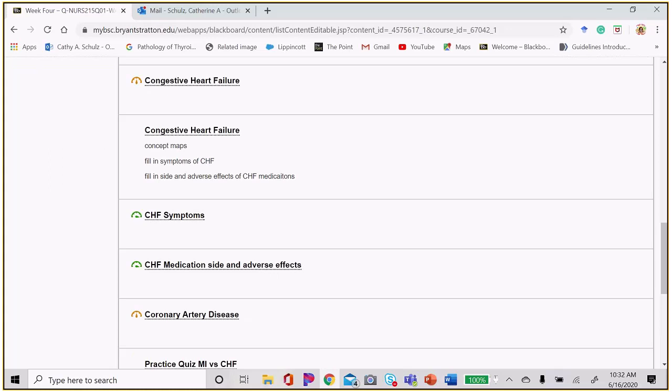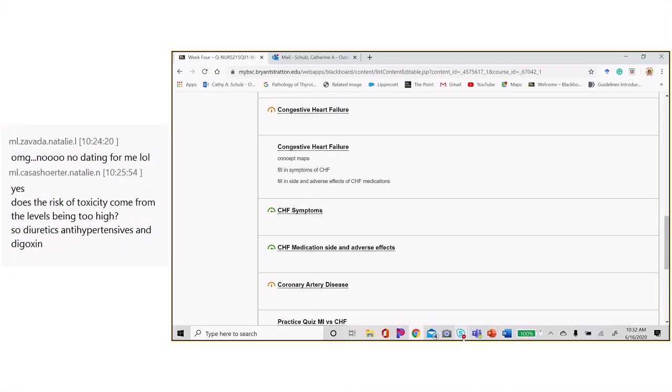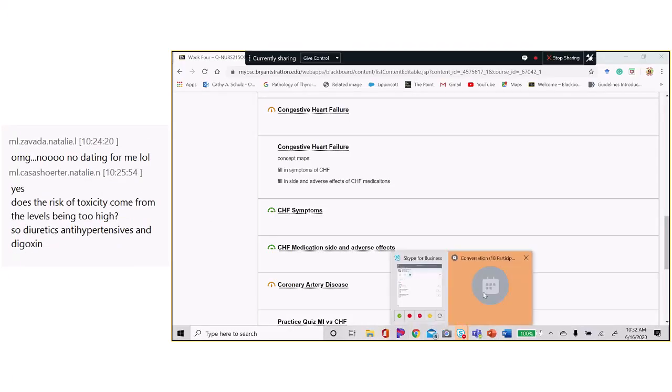CHF medication side and adverse effects is the sheet. And then you can upload it here where it says congestive heart failure. And we'll go over those together. So I'll give you 30 minutes so you have time. We'll come back together at 11 o'clock and go over a couple of those side and adverse effects, okay?